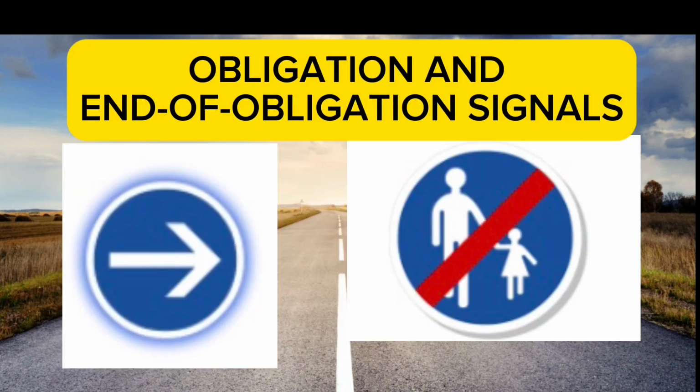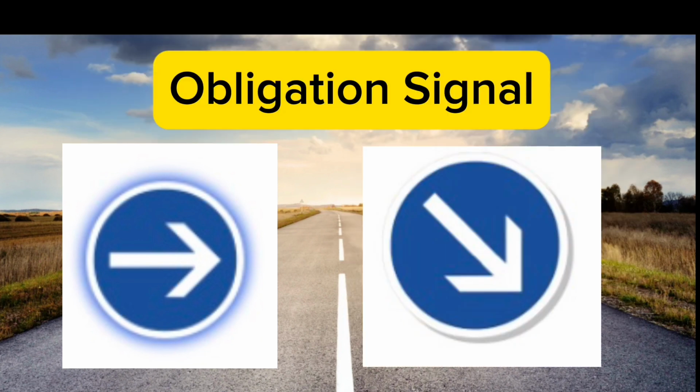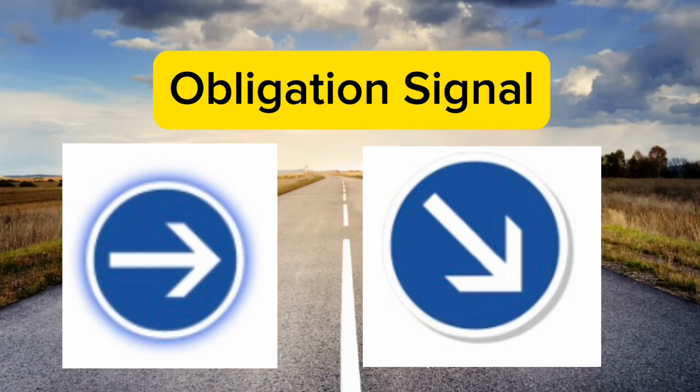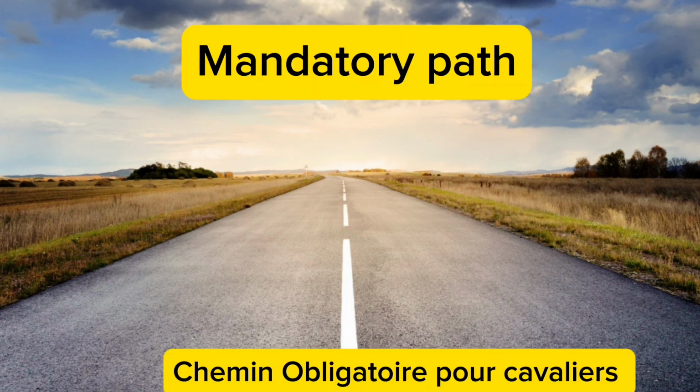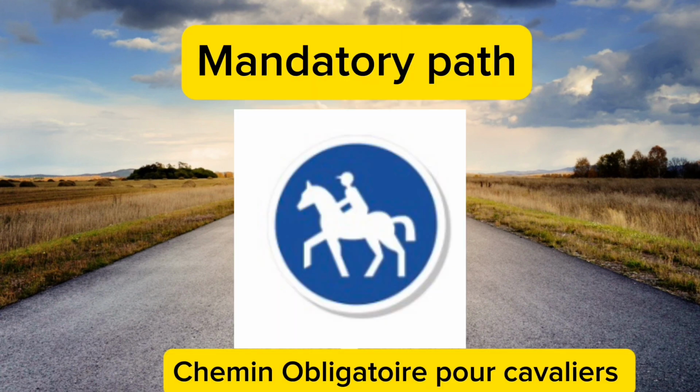Obligation and end of obligation signals. The obligation signals are round in shape on a blue background. A road or lane sign mandatory for a certain category of user also prohibits access to other users. For example, a mandatory path for riders is forbidden for all other users.